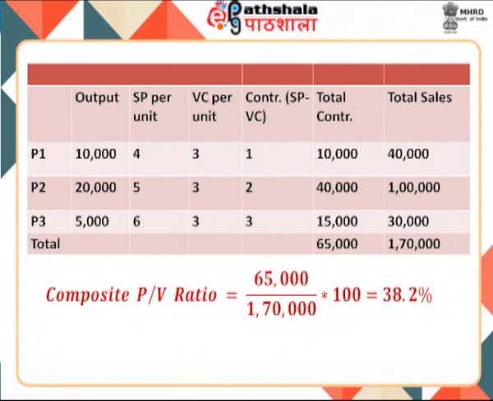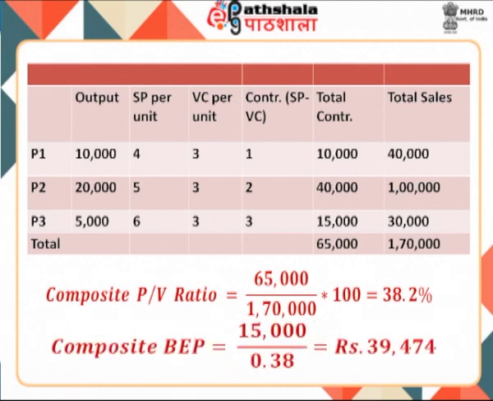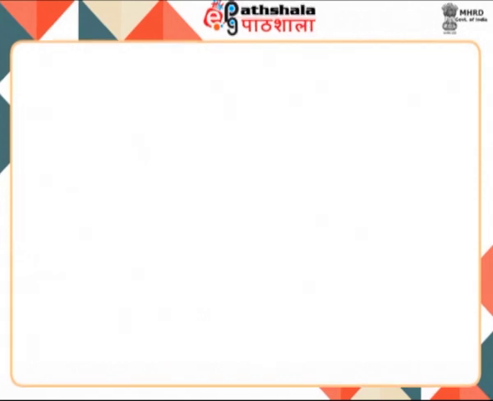Now, the next step is to calculate the composite break-even point by dividing the total fixed cost by this composite PV ratio, that is 15,000 divided by 0.38, which is equal to rupees 39,474.